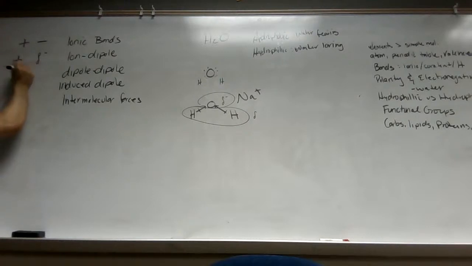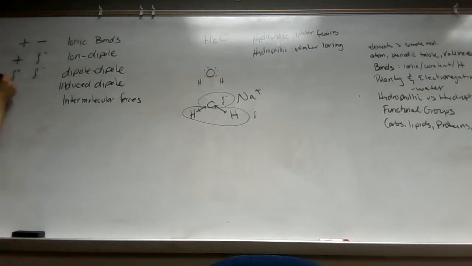Dipole-dipole, that's what we see with hydrogen bonding. Hydrogen bonding is the strongest form of dipole-dipole interaction, largely because once that electron gets further and further away, that's the only negative part of the hydrogen, so it becomes a strong partial positive charge.